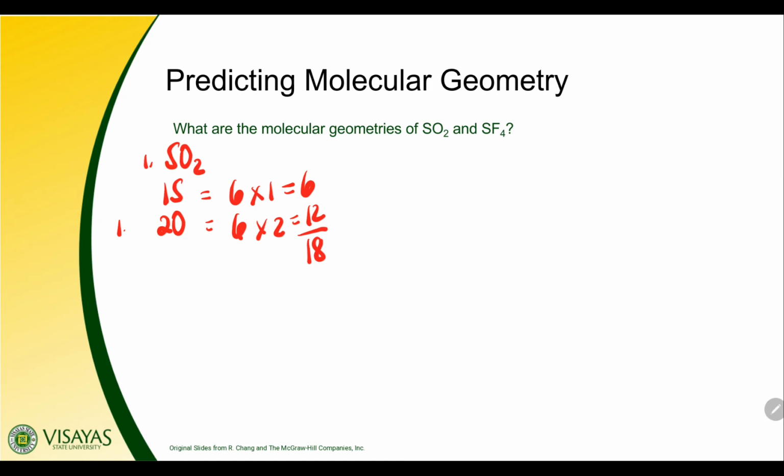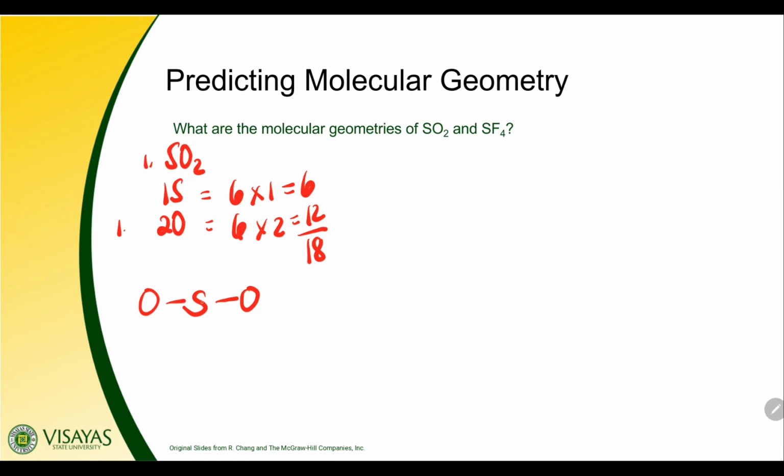Okay, so now we draw our Lewis structure. We put sulfur in the center. And then we have our two oxygen atoms. Sulfur is less electronegative than oxygen. You can look at the electronegativity values of these two if you have a periodic table. So next we connect the atoms with a single bond, and then we complete the octet on all the atoms.